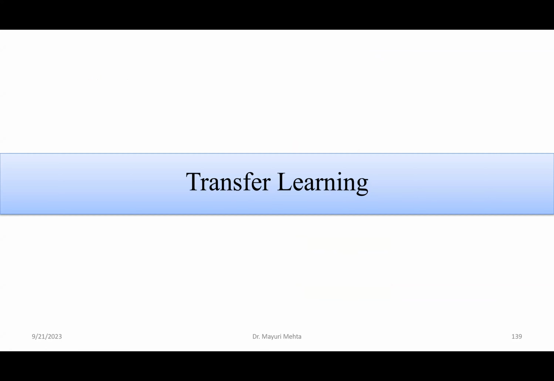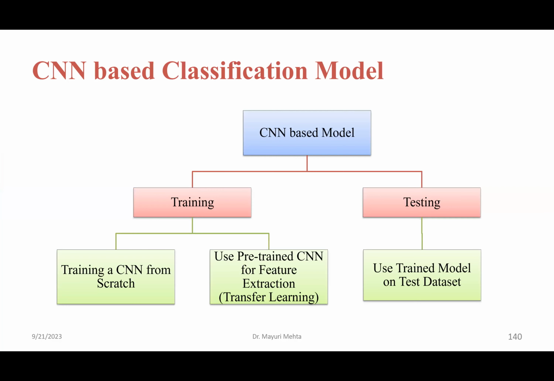Now let us discuss the training of this convolutional neural network. How should we train it? A CNN model is trained with two parts of the given data set, training data set and testing data set.